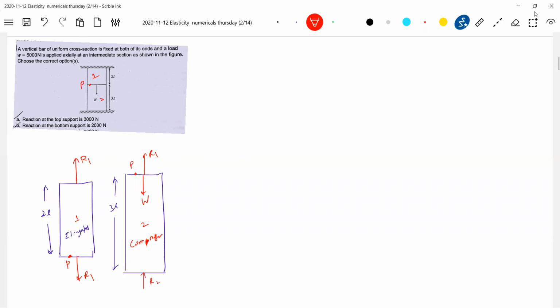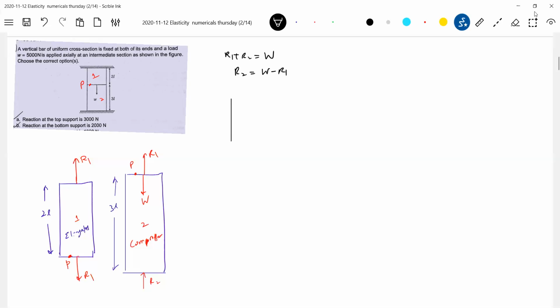Now, in compression, W minus R1 should be equal to R2, or equate forces here. On section 1, okay. On section 2, can you equate forces? R1 plus R2 is equal to W. Then R2 shall be W minus R1.